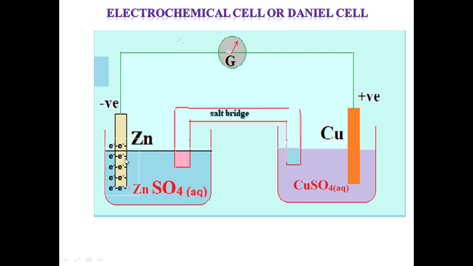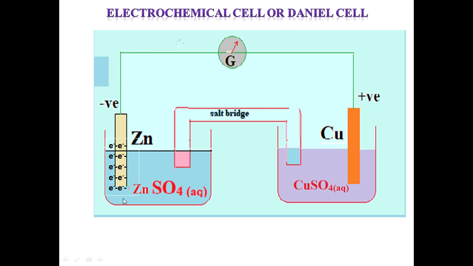You can see here these electrons accumulate after some time on this electrode because these electrons are not going into the solution. As the electrons accumulate on this electrode, the electron density on this zinc electrode will increase. And this is a rule of nature that everything moves from higher density to lower density.